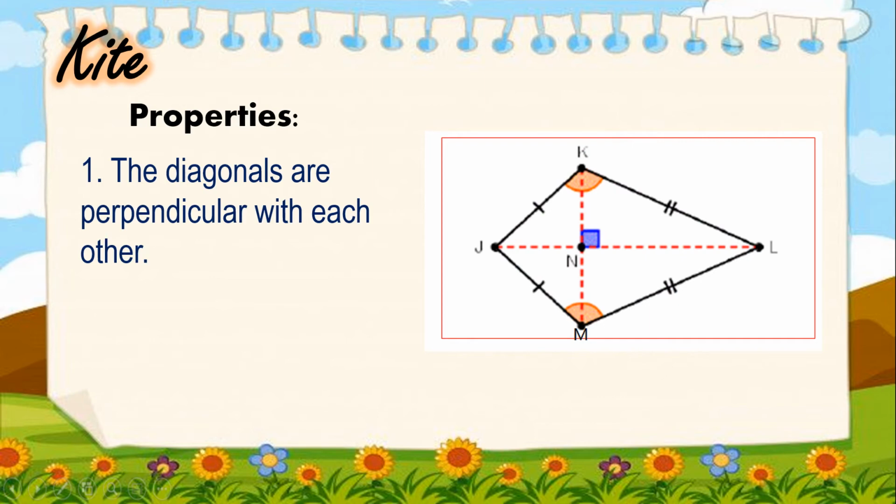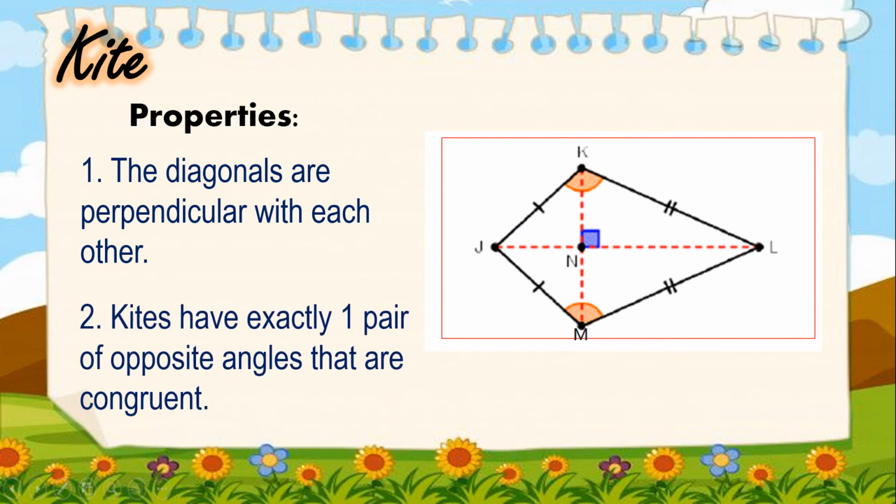So it means that angle KNL, angle LNM, angle JNM, and angle KNJ are 90 degrees.